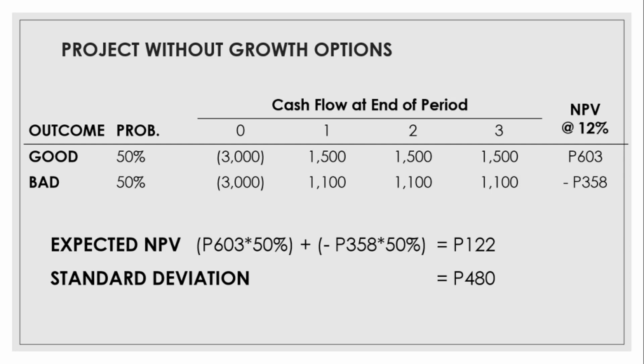So you might verify 480 using your calculator or Excel, as long as we know that standard deviation is the standard dispersion of these two NPVs, the 603 and negative 358, from their mean. Additionally, the standard deviation is computed so that we could have knowledge about the risk associated with this project. And by that, the standard deviation, or the risk associated with this project, is 480.